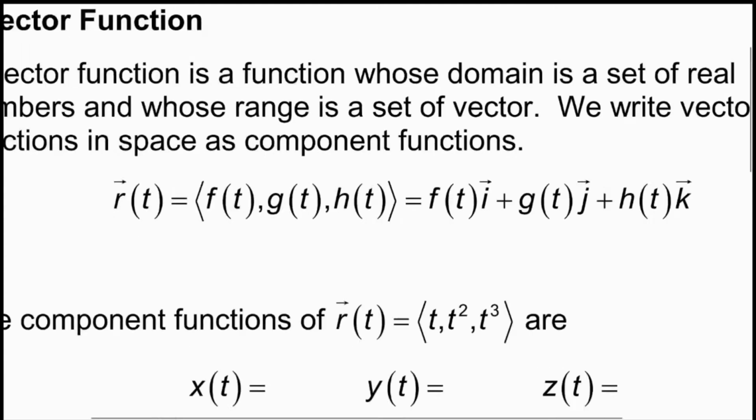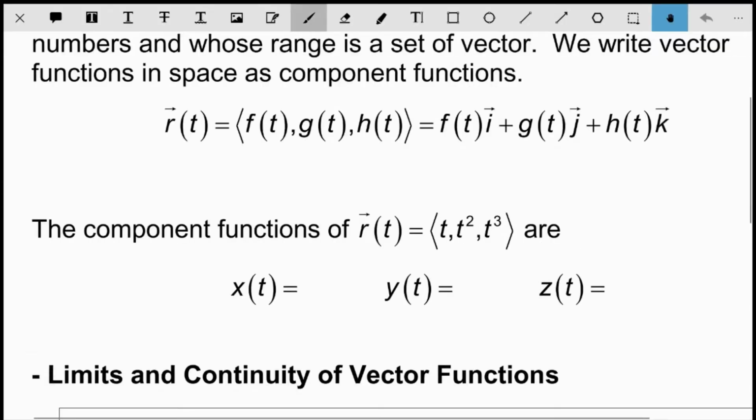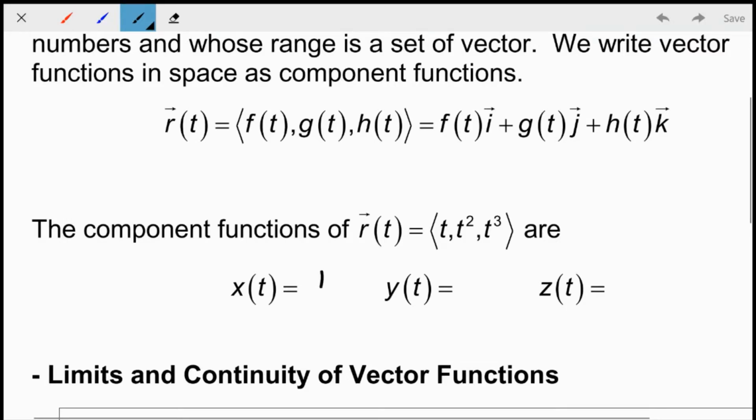Okay, so if I look at, for example, this vector function r of t, you can see the components are t, t squared, t cubed. Remember, going back and forth between a vector form and a parametric form is very easy, because all I have to do is understand that, in this case, x of t is just that t component, y of t would be t squared, and z of t would be t cubed.